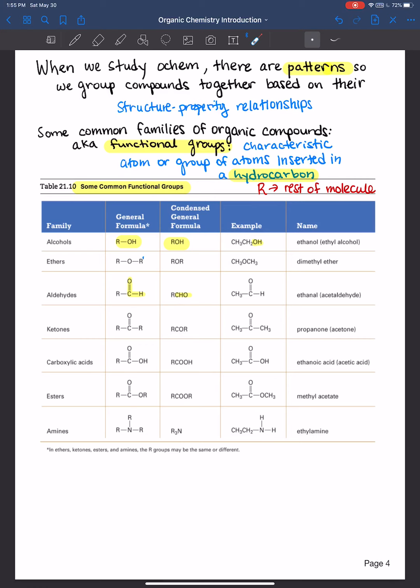CHO indicates that it is an aldehyde, not an alcohol. In this example here, we have acetaldehyde. The R group is just that methyl group, and then the aldehyde part of it. And the difference in naming between an alcohol and an aldehyde is a little subtle here. You can see it's ethanol for alcohol and ethanal for aldehyde.